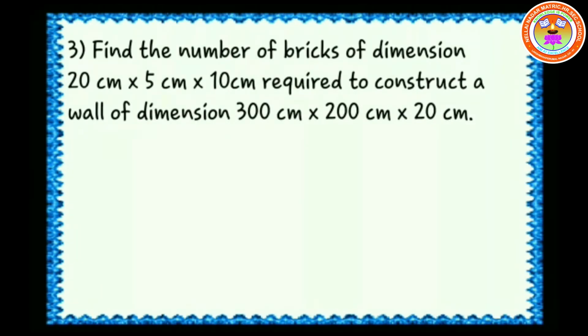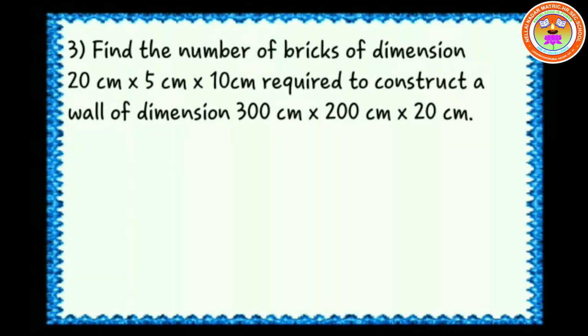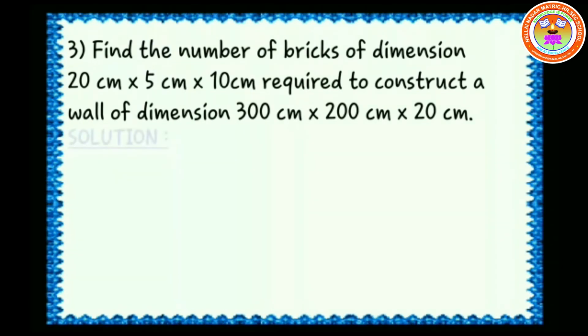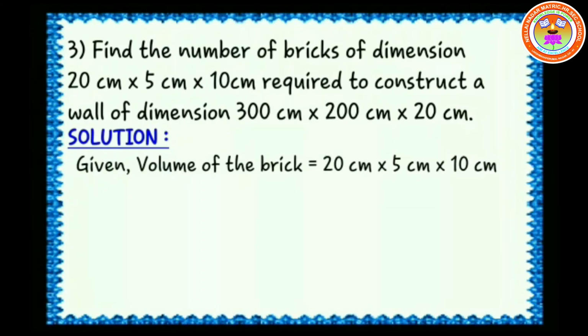Third one, find the number of bricks of dimension 20 centimeter into 5 centimeter into 10 centimeter required to construct a wall of dimension 300 centimeter into 200 centimeter into 20 centimeter. Solution. Given volume of the brick is 20 centimeter into 5 centimeter into 10 centimeter. 20 into 5, 100. 100 into 10, 1000. 1000 centimeter cube.